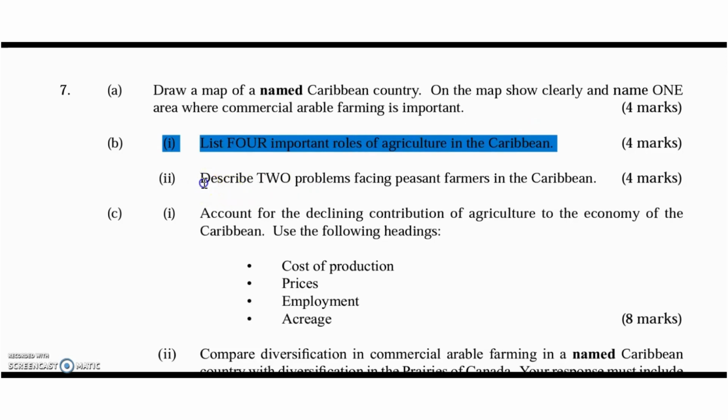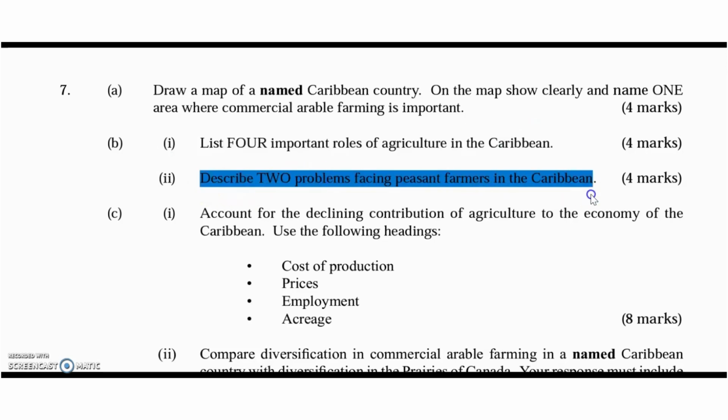Now, describe 2 problems facing peasant farmers in the Caribbean. Before I jump to the point, let us bear in mind that peasant farmers are those who engage in multi-cropping mechanisms, multi, not mono, which means the planting of a variety of crops because they have very small land space available.